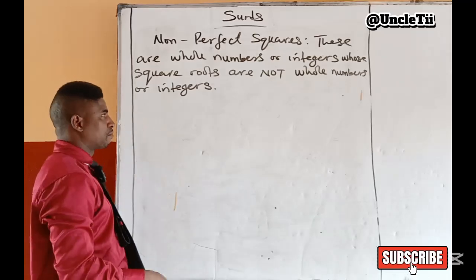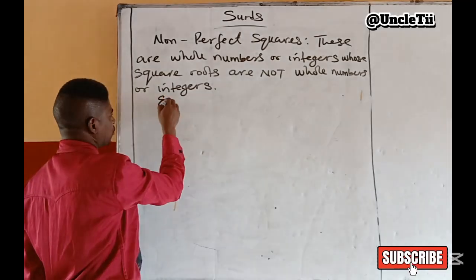They are known as non-perfect squares. Let's see examples.